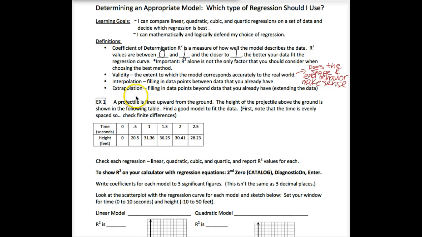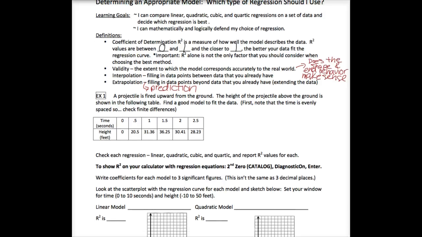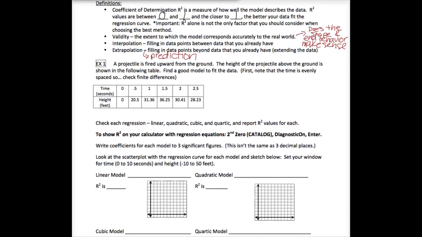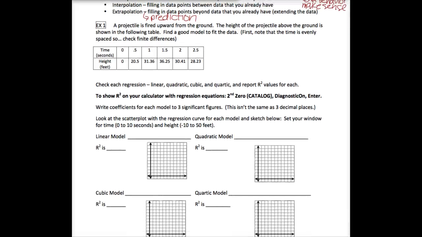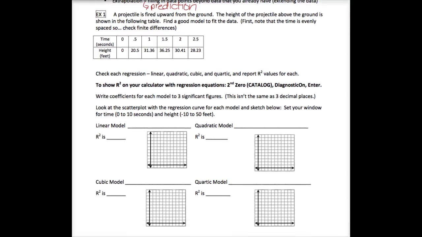Extrapolation, in contrast, is when you're filling in data points that are beyond the data that you already have. So you're basically extending it and using it for prediction. It uses the data for prediction, which technically you should really not do, but people do it all the time because we have to have something to use to predict what's going to happen.